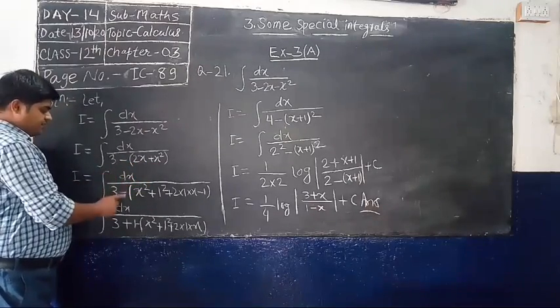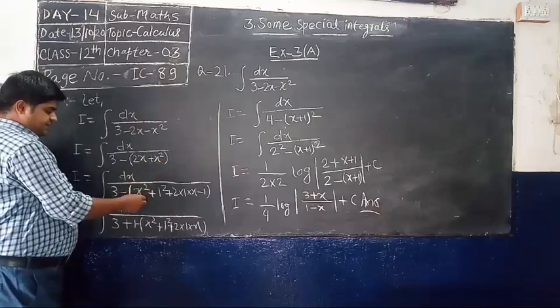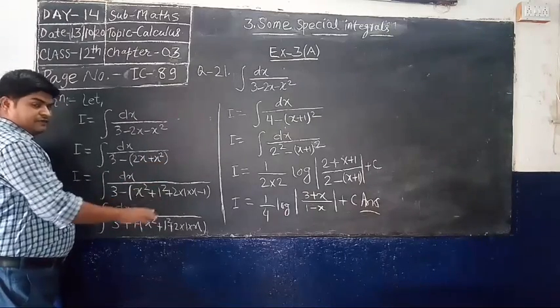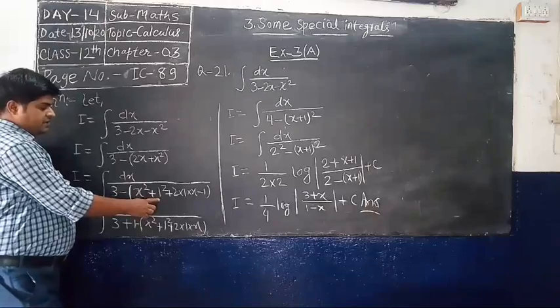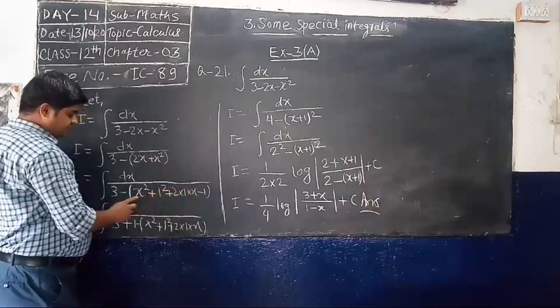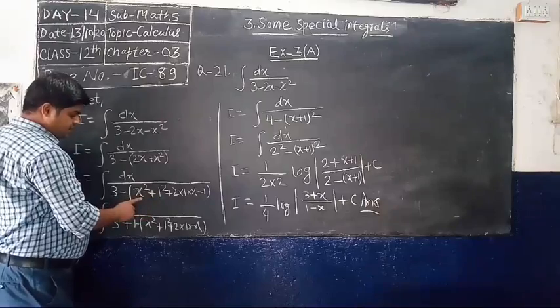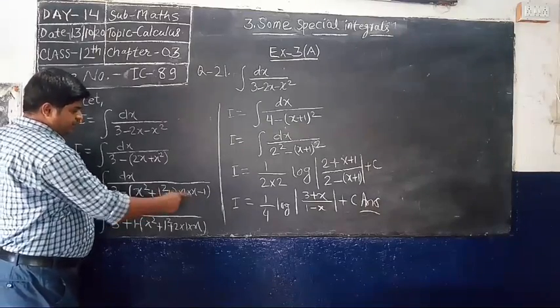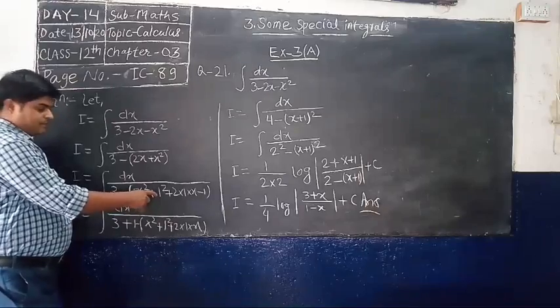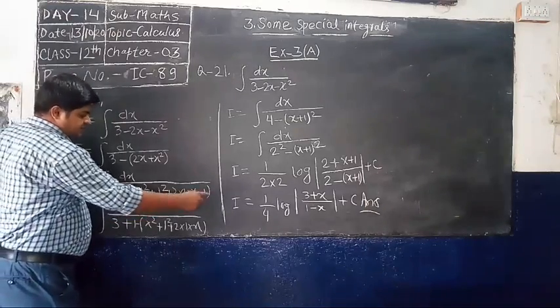So 3 minus x square plus 1 square, adding 1 square to complete 2ab, 2 into a into b, where this becomes a and this becomes b. For 2x you add 1 square, which becomes 1 plus 1, then balance it by minus 1.